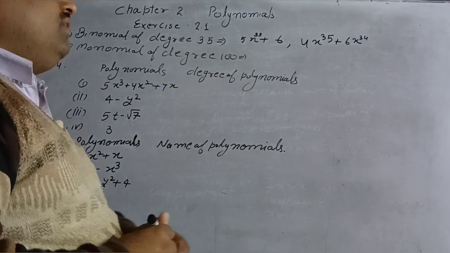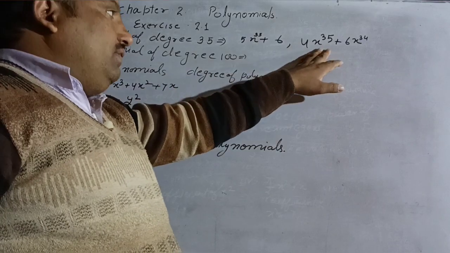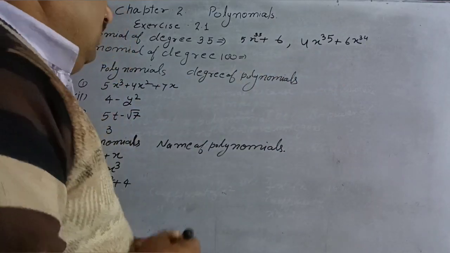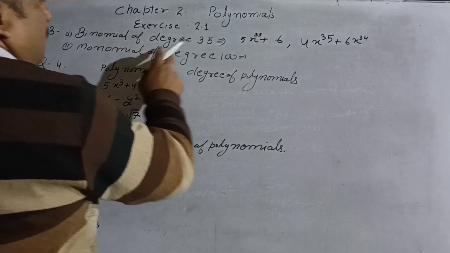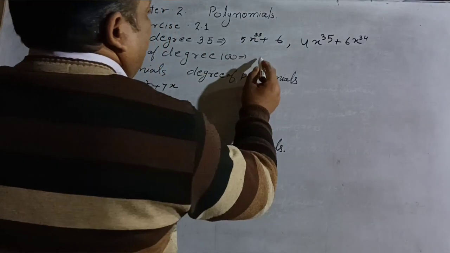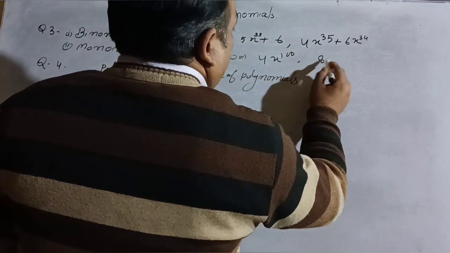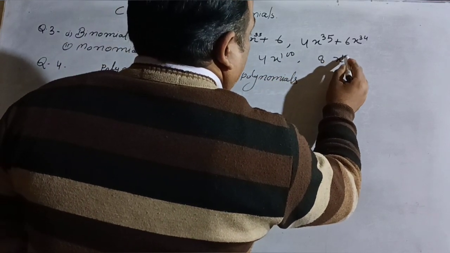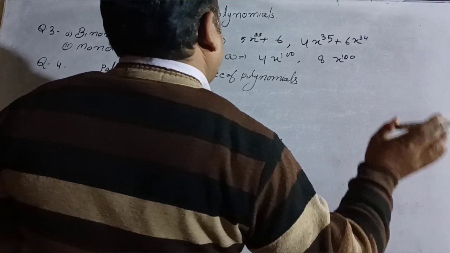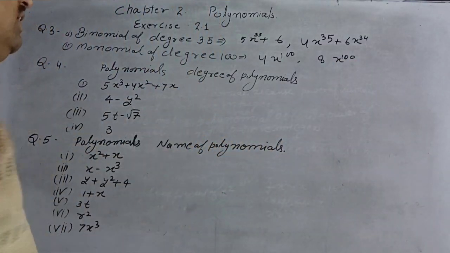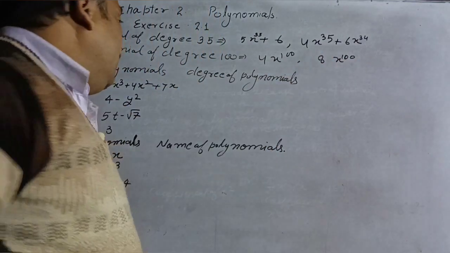Higher power may be 35. Monomial of degree 100 means only one term, like 4x to the power 100, 8x to the power 100, and so on.